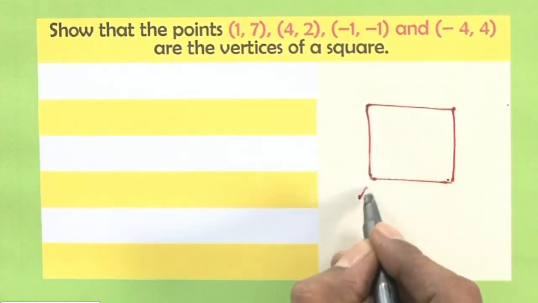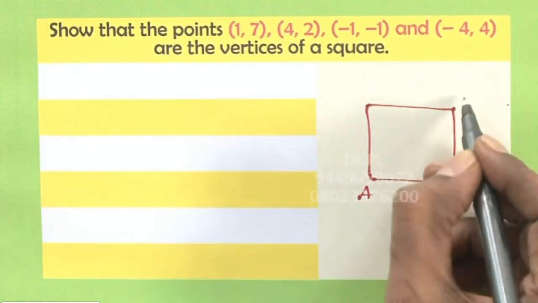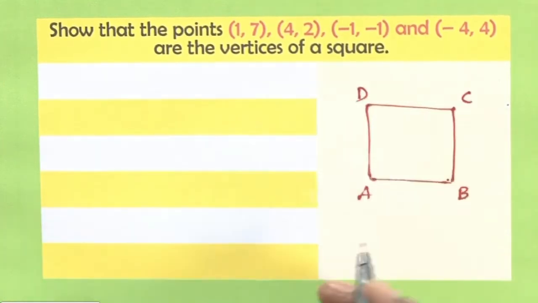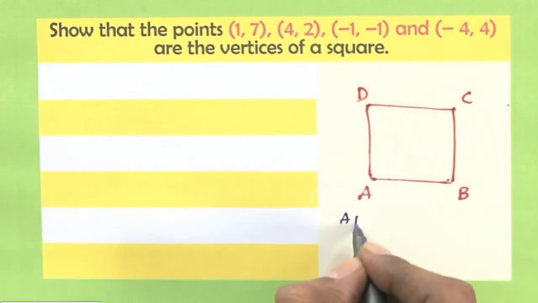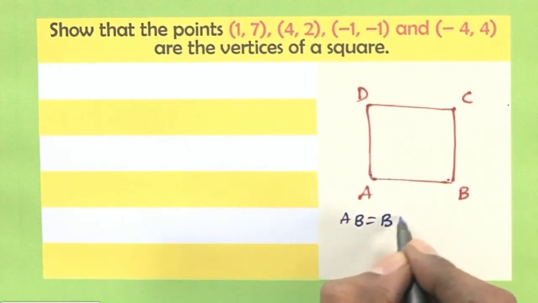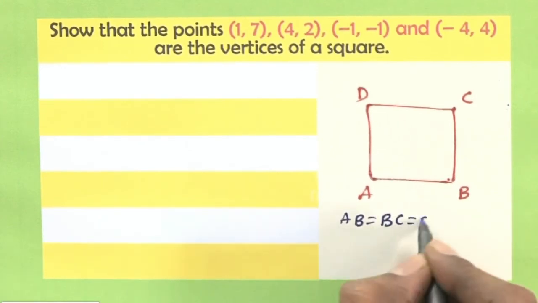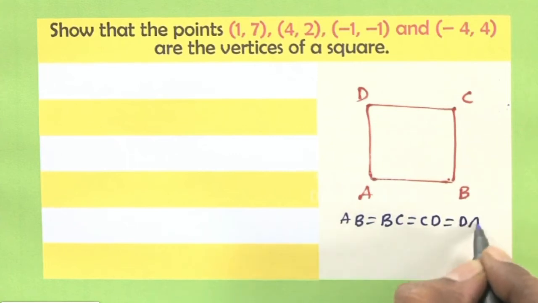If you consider the points as A, B, C, D, what is the condition, dear students, for the 4 points to form a square? AB must be equal to BC, that must be equal to CD, that must be equal to DA.